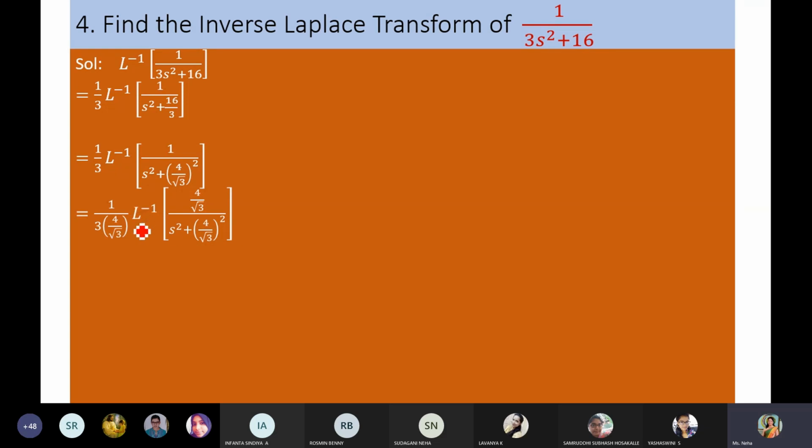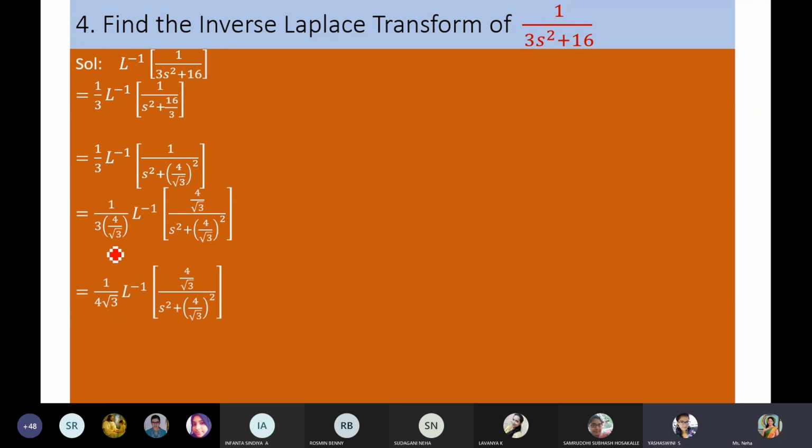Now this will be the formula for what? Sine of 4 by root 3 t. So this will be the formula for sine 4 by root 3 t, and the coefficient will be what? 3 into 4 by root 3? 4 root 3. Good.